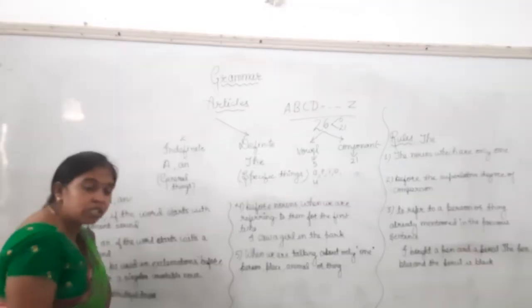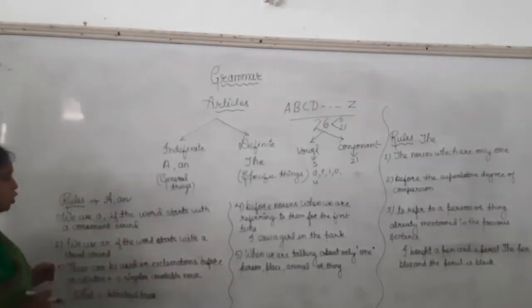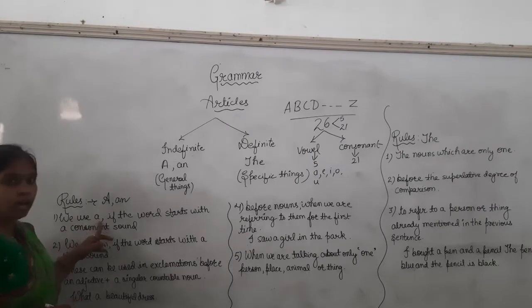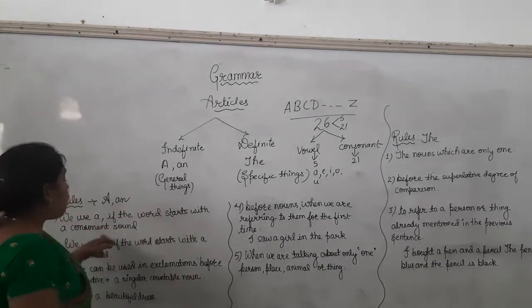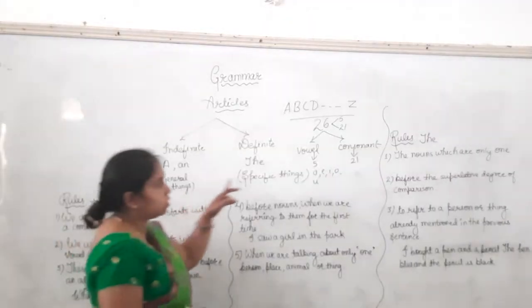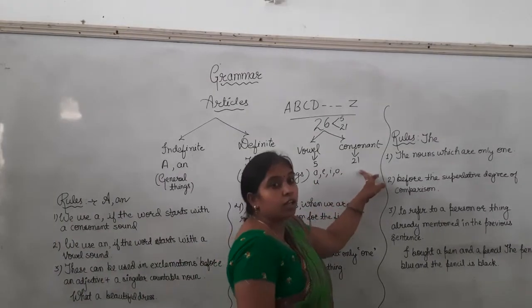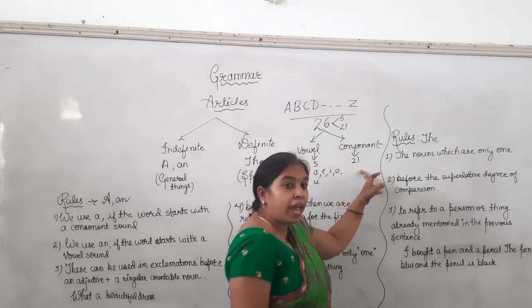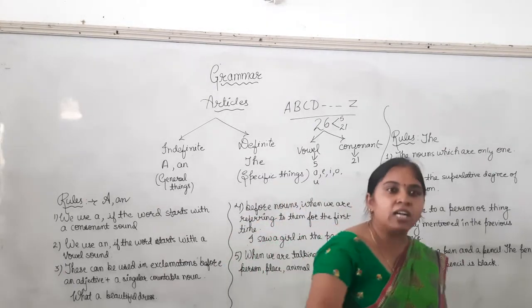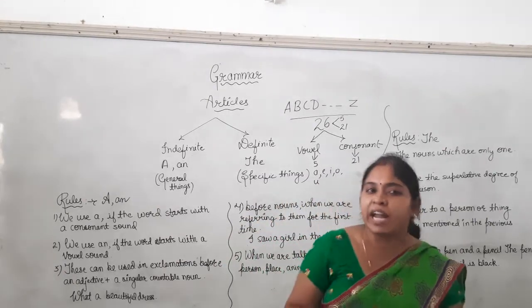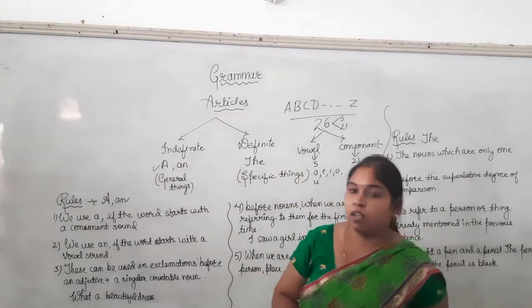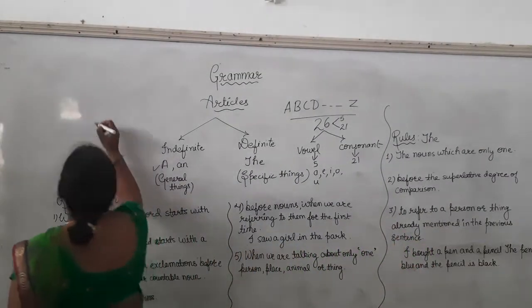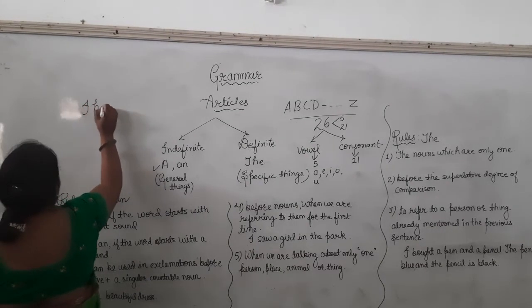Now what are the rules? First rule: we use the article a if the word starts with a consonant sound. For example, I have a teddy bear.